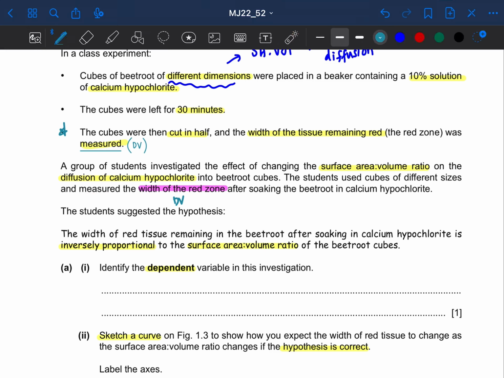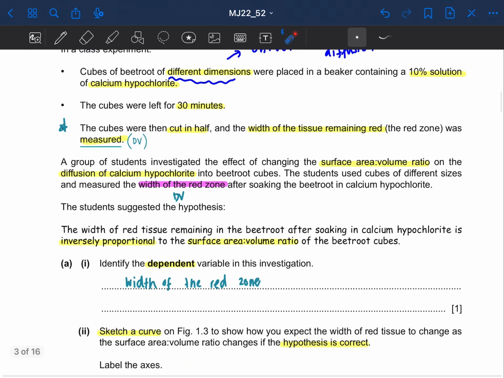So that is how you can write down what the dependent variable is. Just use how the question describes it. So width of the red zone. Okay, hopefully that is straightforward.